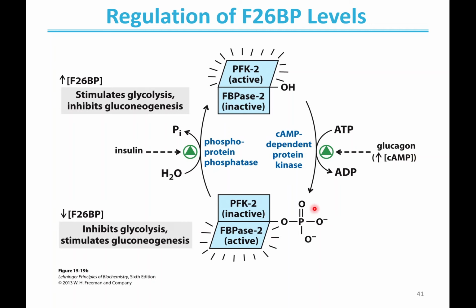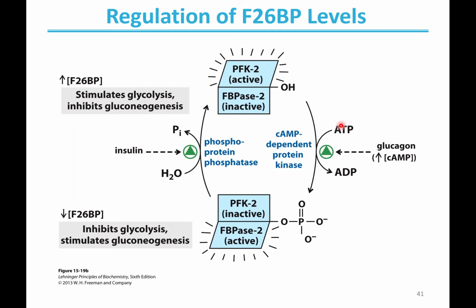The opposite effect, phosphorylating this, turning PFK2 off and activating FBPase2, is done by a hormone called glucagon. You can think of that as having the opposite effect of insulin.